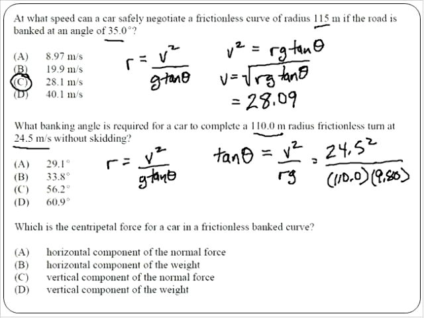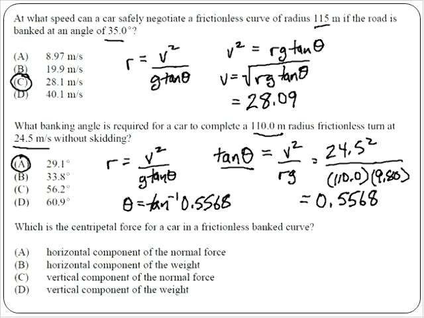So plug all that in and you get 0.5568. Now that's not the answer, obviously, because that's tan of the angle. So in order to get my answer, I have to say theta equals second function tan of 0.5568. And do that calculation, you get this angle, 29.1 degrees.